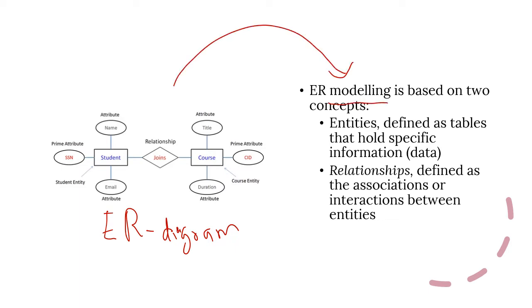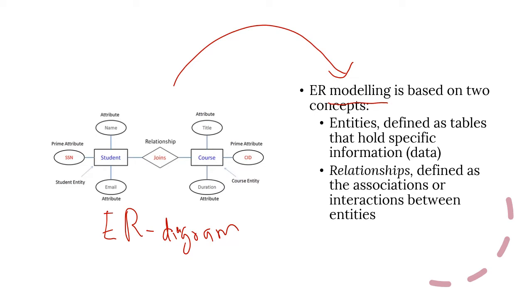It means we draw this diagram based on the syntax, the structure, and the format provided by the ER modeling. Meaning we will use all the symbols and all the terminology that have been set under the ER modeling standard. We cannot use anything outside of that. So this is the ER diagram.